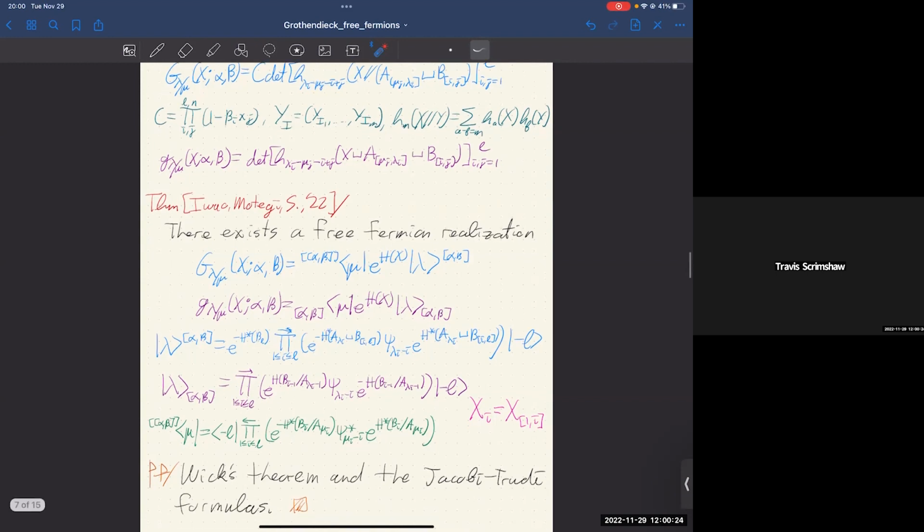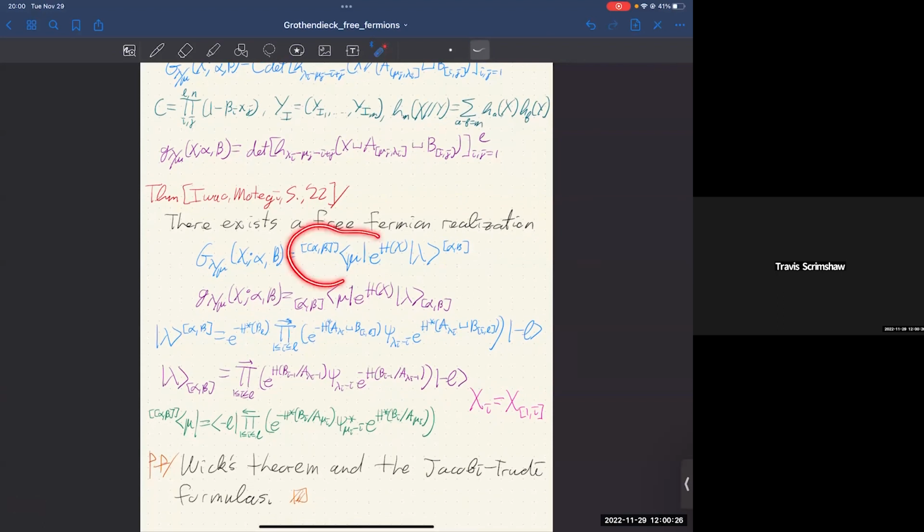And then I also need this extra kind of funny bra over here, where it looks close to the dual of this, except this -1 has vanished, and basically I'm getting rid of this -1 here and getting rid of the -1 up here.